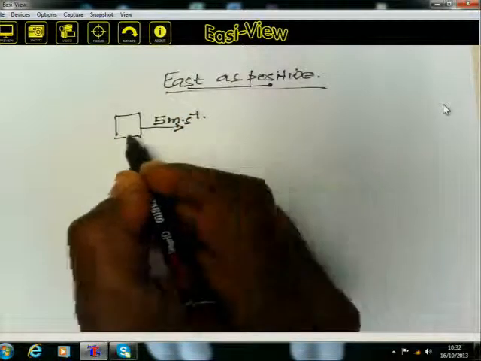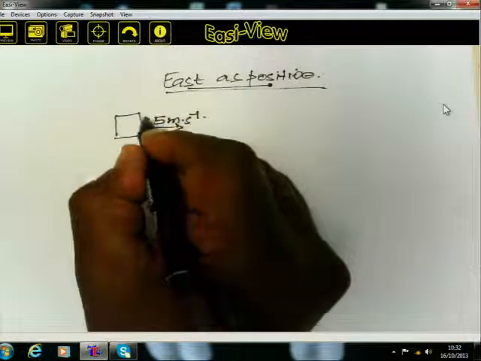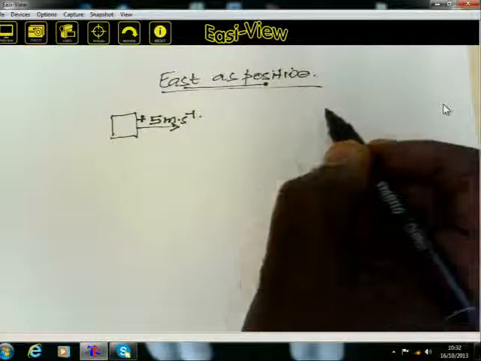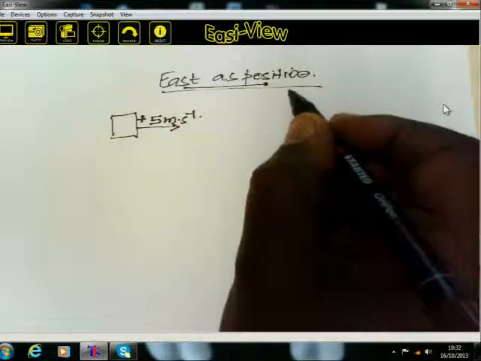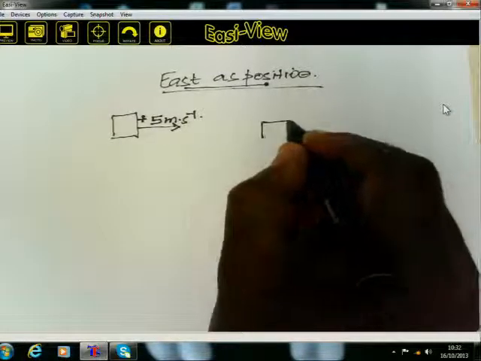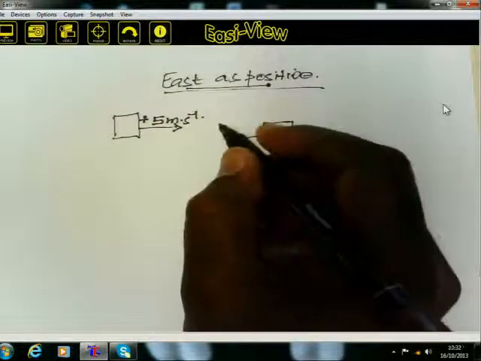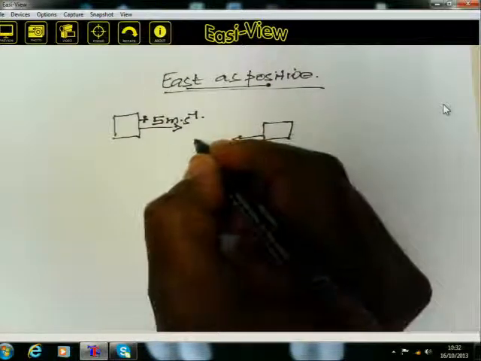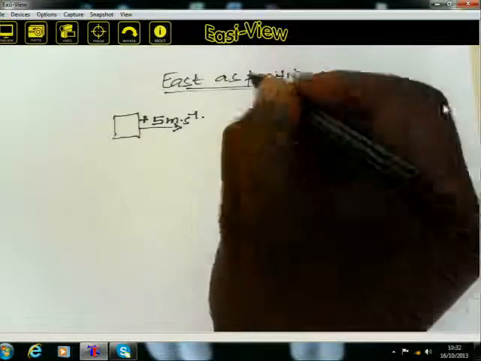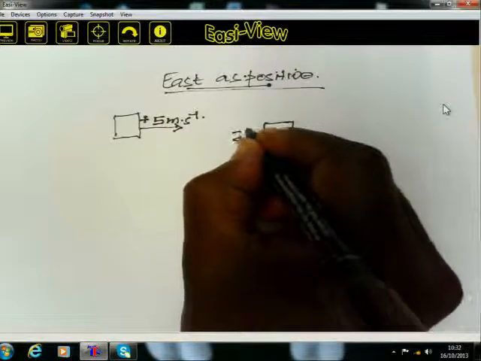Since this car is moving in the direction east, then this car will have a positive direction because it's moving in the direction that you chose as positive. For a car that is moving in the opposite direction, in this case west, your direction relative to the direction that you have chosen will be negative.